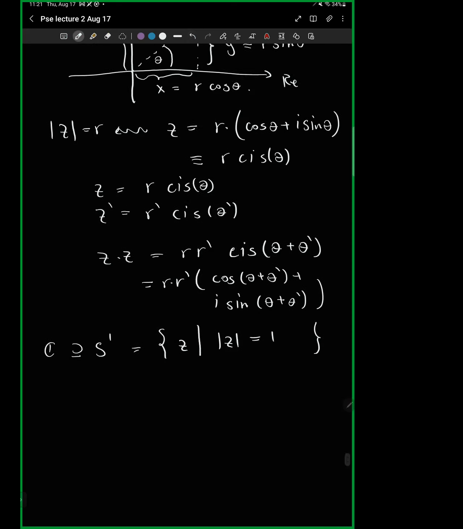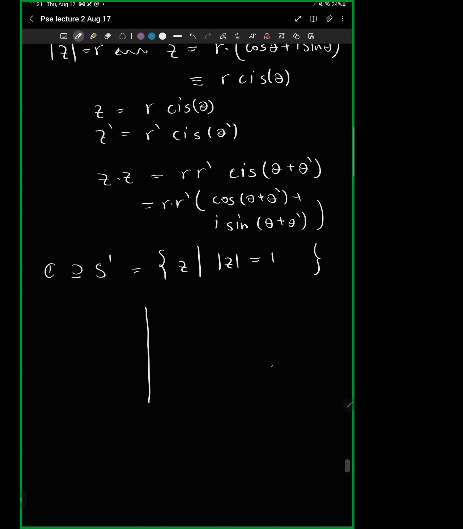Now, if I take two points on the circle, z and z prime, each of them has an angle, say theta and theta prime, and of course the radius of both of them is 1.